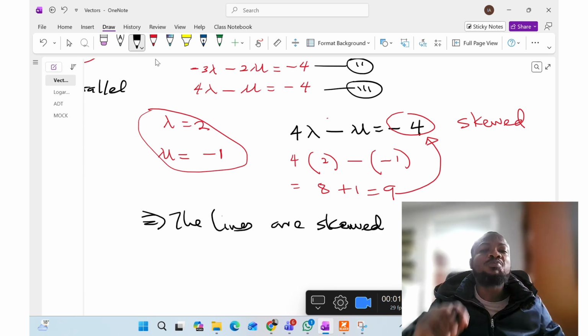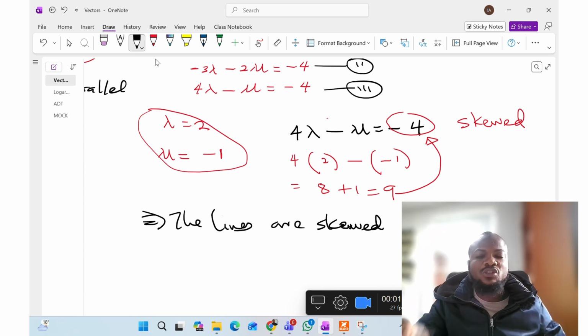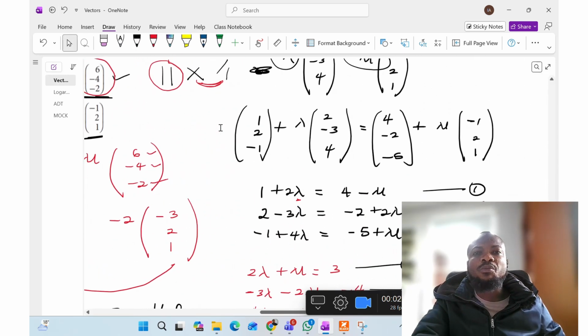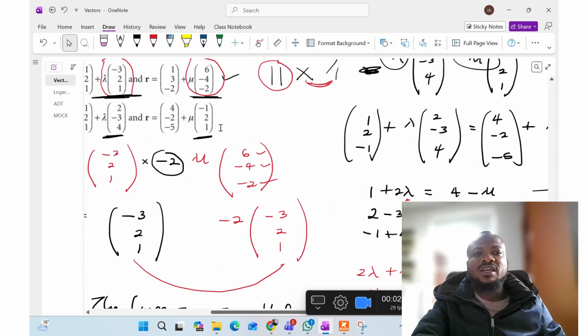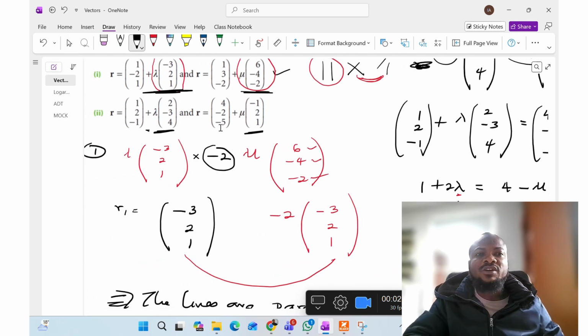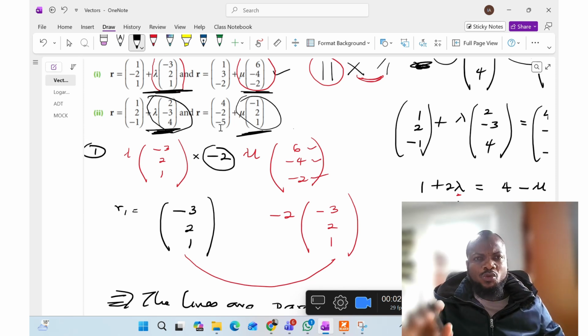And we have first proved that they are not parallel. That was the first thing we did, if you remember, when we were trying to compare the directions, to find if there is any relationship between this value and this value. Since there was no relationship, we concluded that they are not parallel.